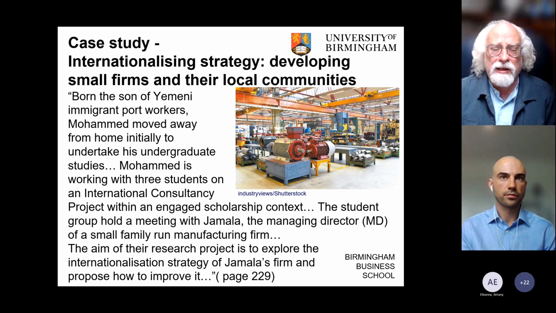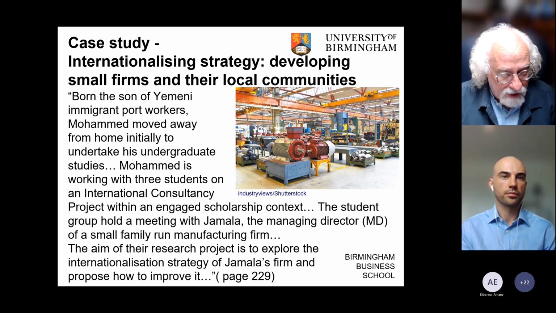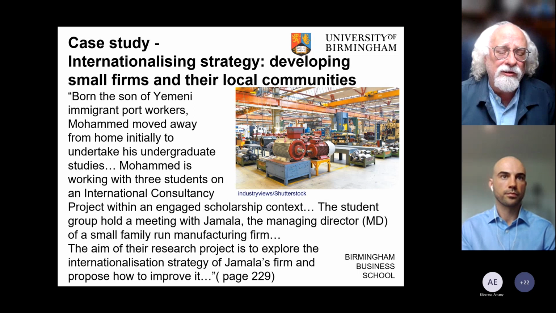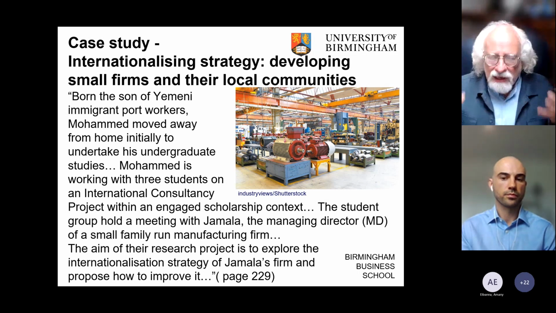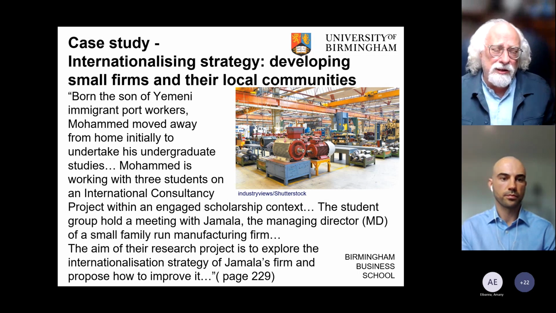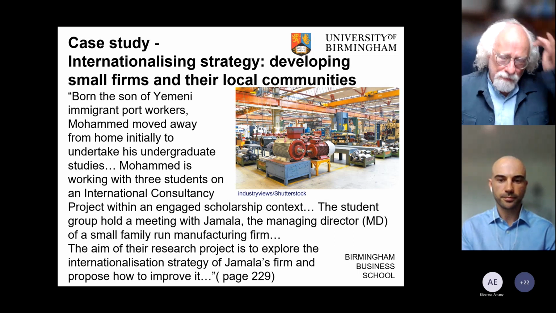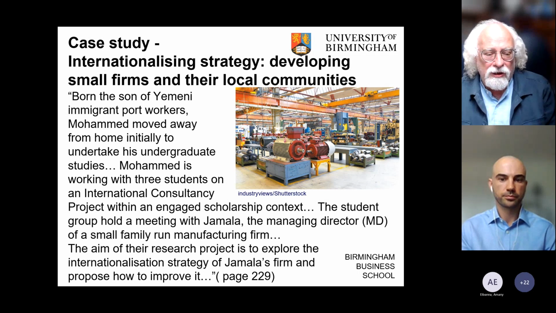And so here we have a case study on internationalizing strategy, but the actual case inside this is about research design. So it relates to chapter 5, but the opening part links it to a real dissertation which has been anonymized and adapted to bring out learning aspects more clearly. We have an overseas student who's undertaking his undergraduate studies.